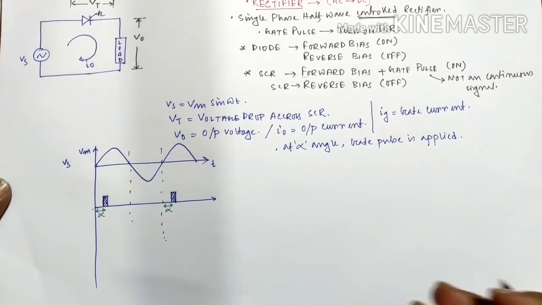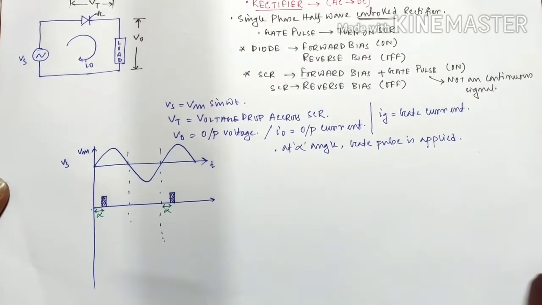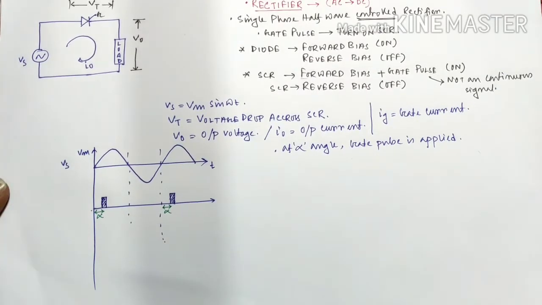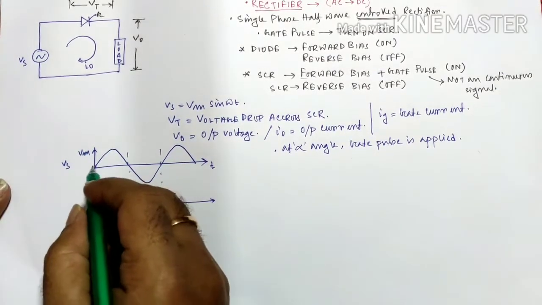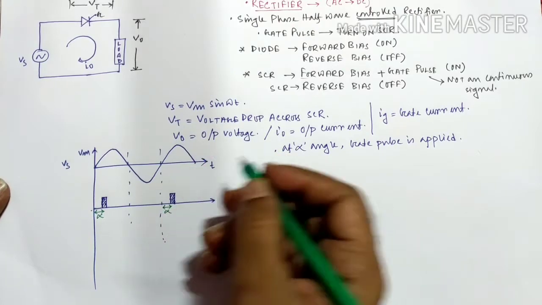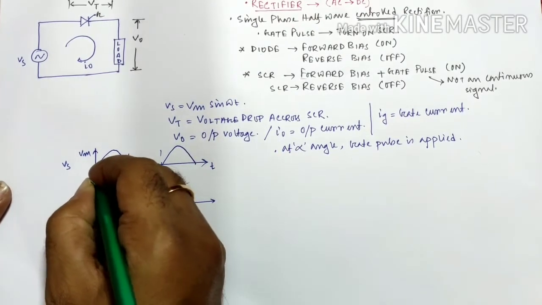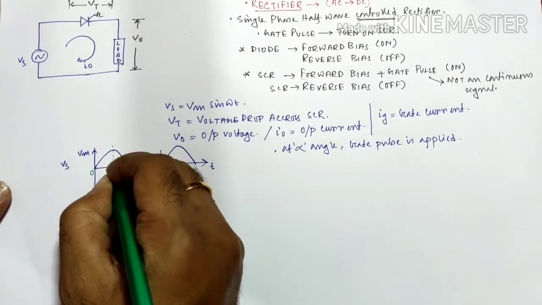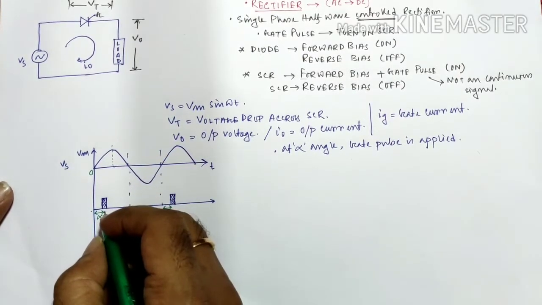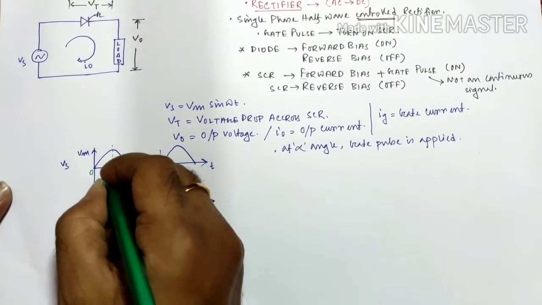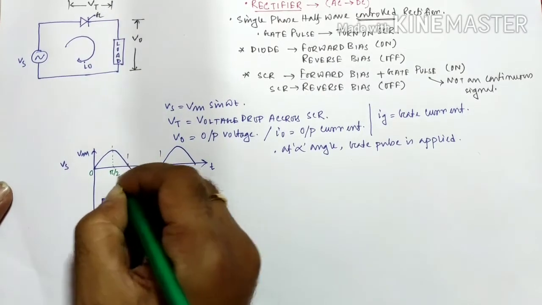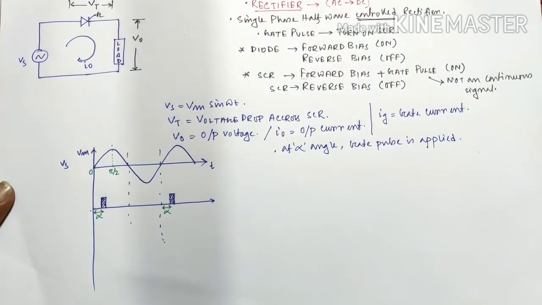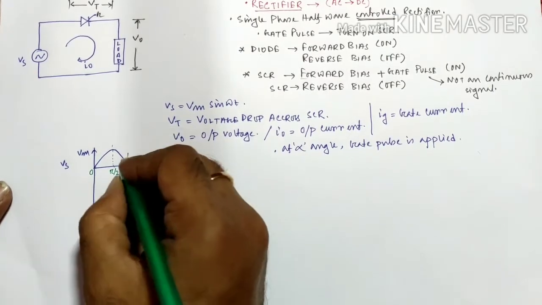Now you might be thinking from where I have got the concept of angle. The answer is very simple. If this is a pure sinusoidal wave, we know that the value of the angle here is 0. In case of sine, we get the maximum value at the angle of 90 degree, that is pi by 2, because sine 90 is equal to 1, the maximum value of the sine.